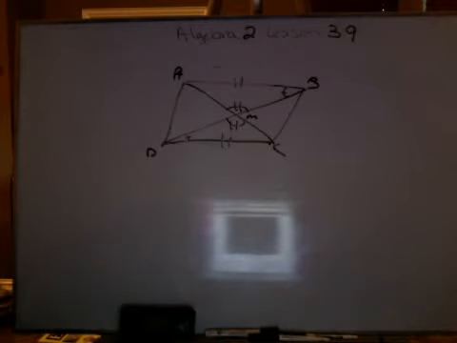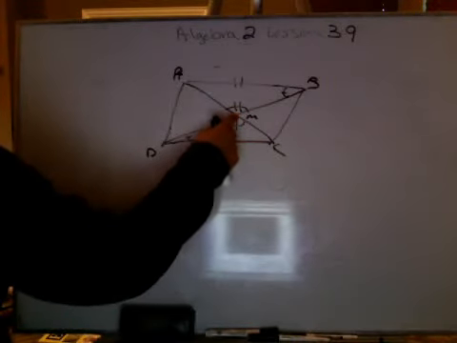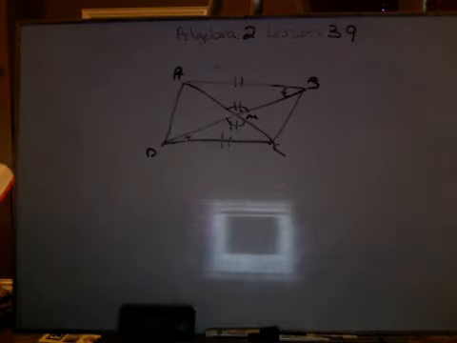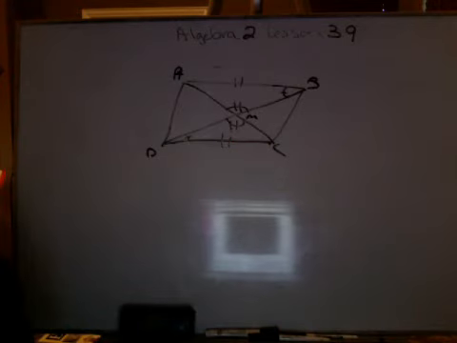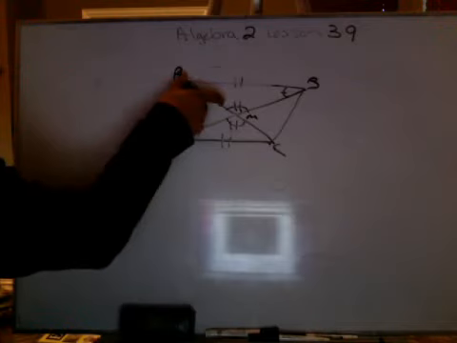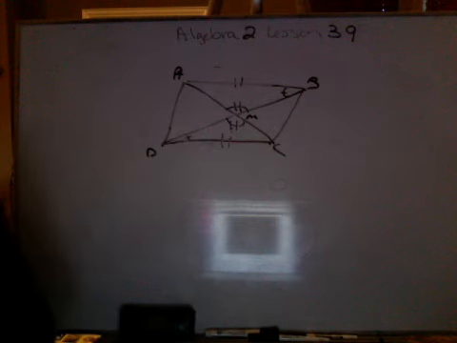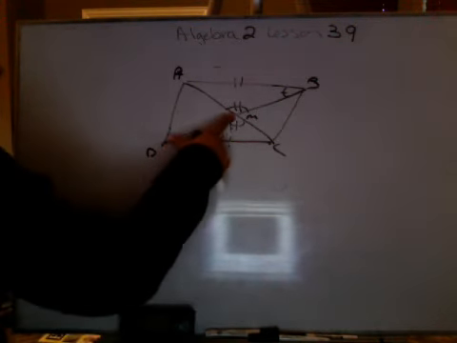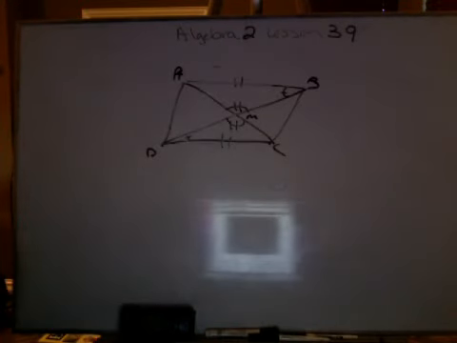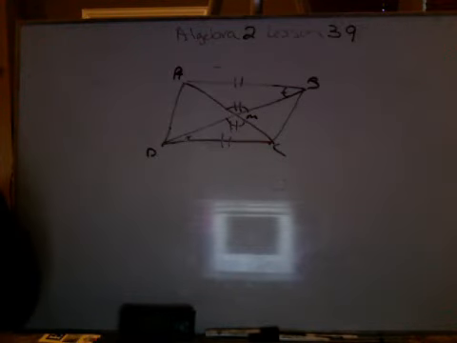So side CM is equal to side MA because corresponding parts of corresponding congruent triangles are congruent, meaning they're the same. So these two are corresponding, so therefore they're equal. Just like DM is equal to MB. Alrighty. So this proves that the diagonals of a parallelogram bisect each other.